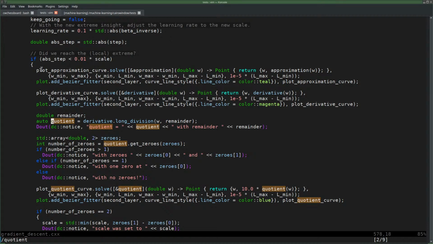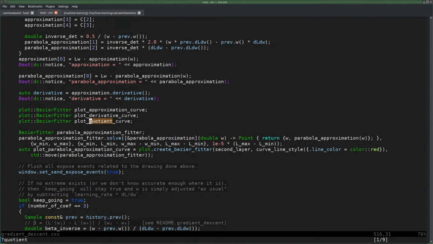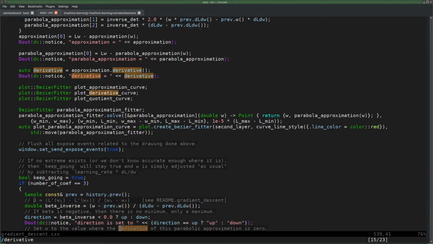Okay, yeah. So we have to move everything here, and then I can use it. Now the quotient is calculated here, but it is using the derivative. So I might as well move the calculation of the derivative down here. Let's see where the derivative is determined at the moment. Here, I guess.